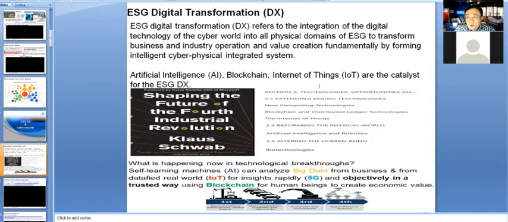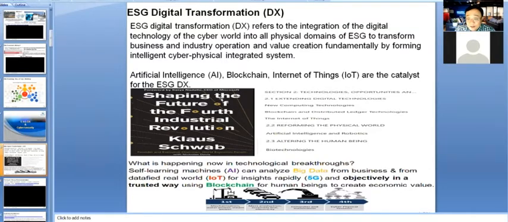I'm also going to talk about artificial intelligence, blockchain, and Internet of Things, three big topics in which I have expertise. They will be catalysts for ESG digital transformation, and they are related to the industrial revolution.